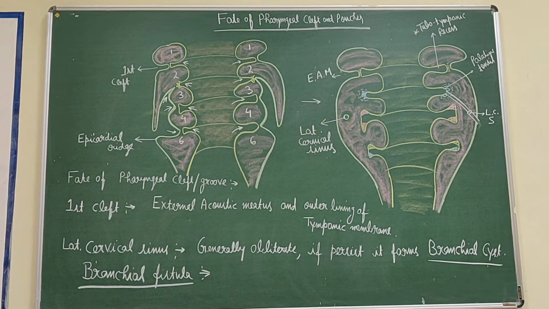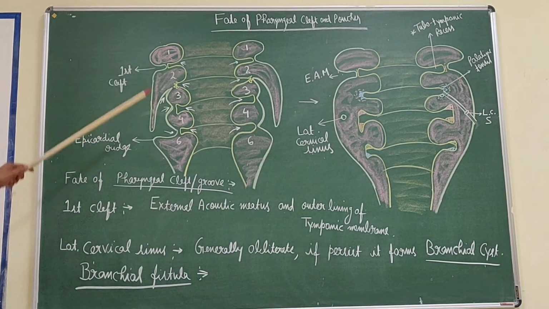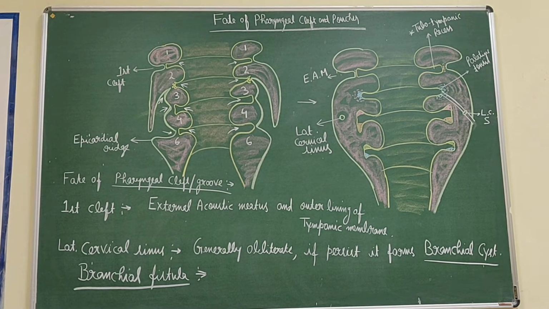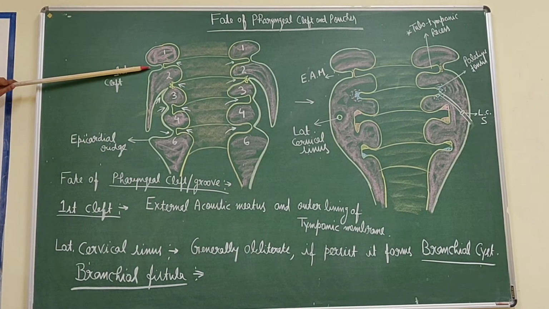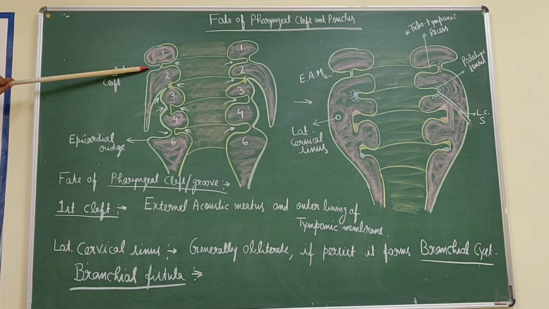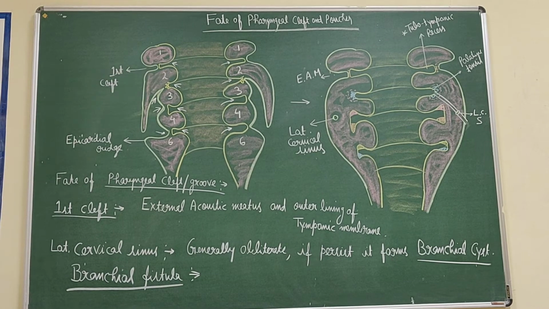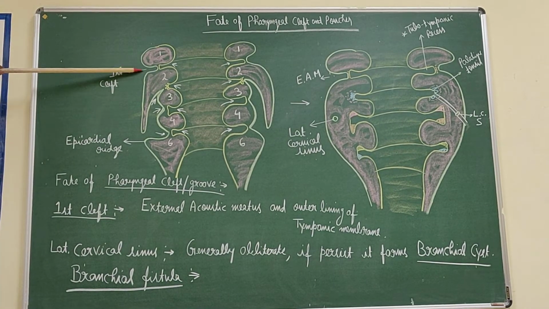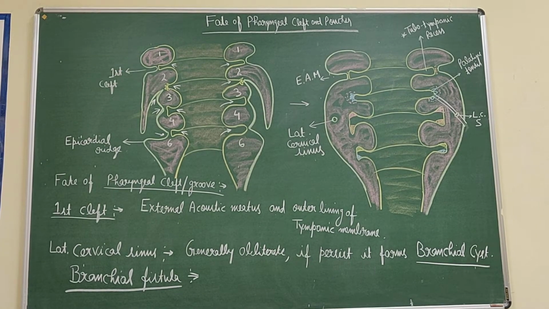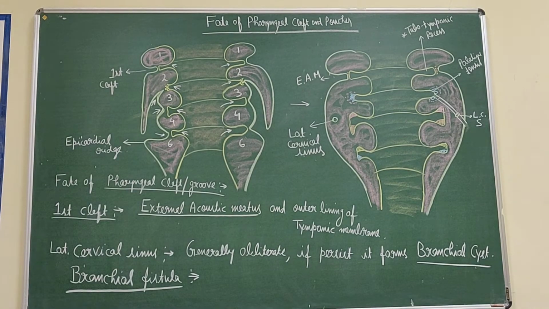Now, first the pharyngeal clefts. This is the first cleft. This first pharyngeal cleft is present between the first and the second arch, and it dips to form the external acoustic meatus.